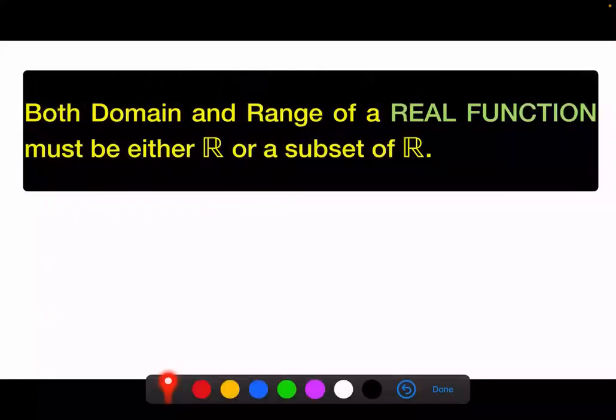Then real valued function अलग चीज है. Real function का meaning थोड़ा सा अलग है. If you say a function is a real function, then both domain and range must be real or a subset of real. Okay, so especially when we discuss things in physics, you will be surprised, आपको starting से ही थोड़ा basic calculus का use हो जाता है.